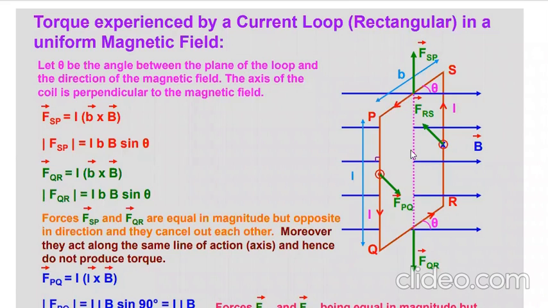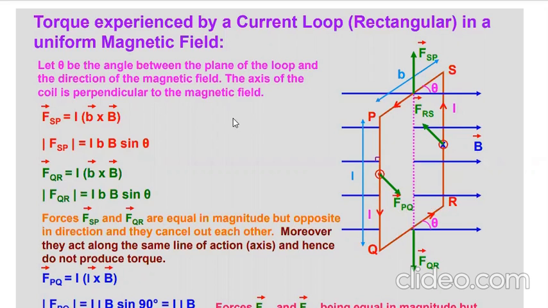So you see in the figure a rectangular current carrying loop in which current flows in anti-clockwise sense and the magnetic field is in the direction, say along x-axis. And this figure is in the xy plane.